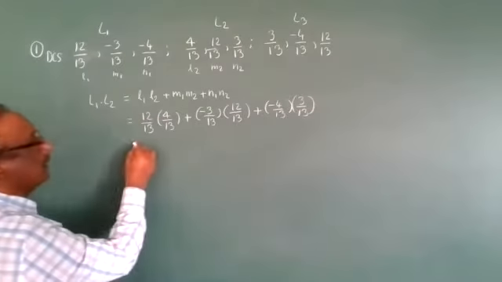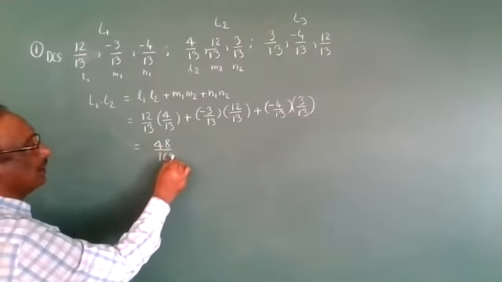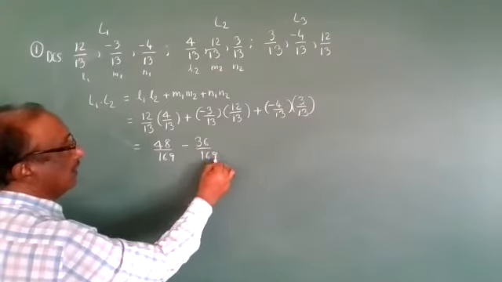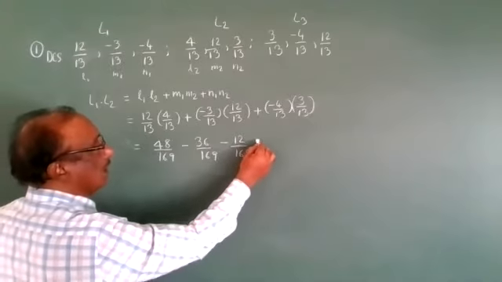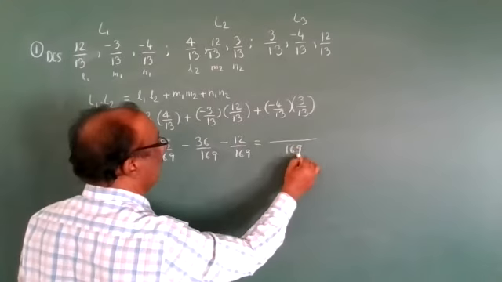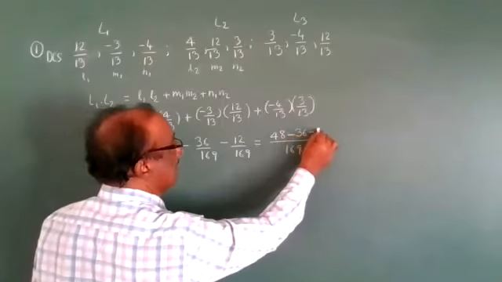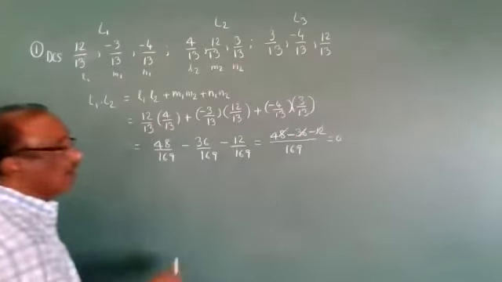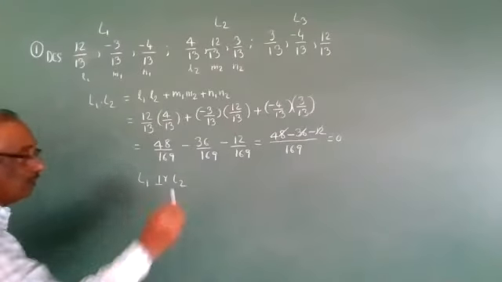Now simplify: 48 by 169 minus 36 by 169 minus 12 by 169. Total over 169, 48 minus 36 minus 12 cancels, its value is 0. Therefore, L1 is perpendicular to L2.